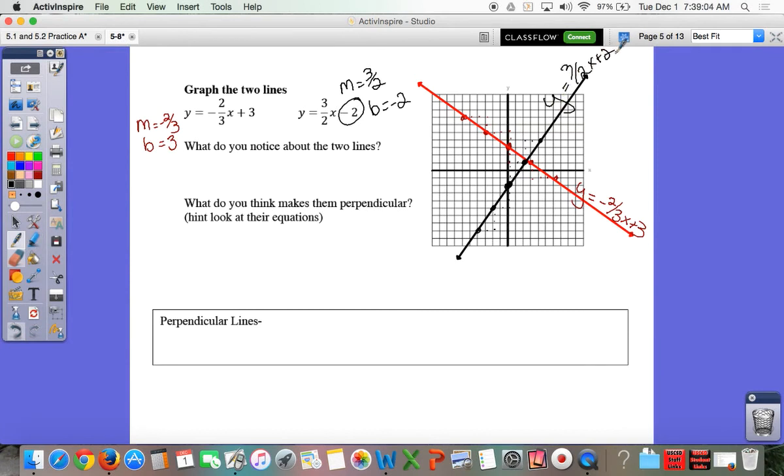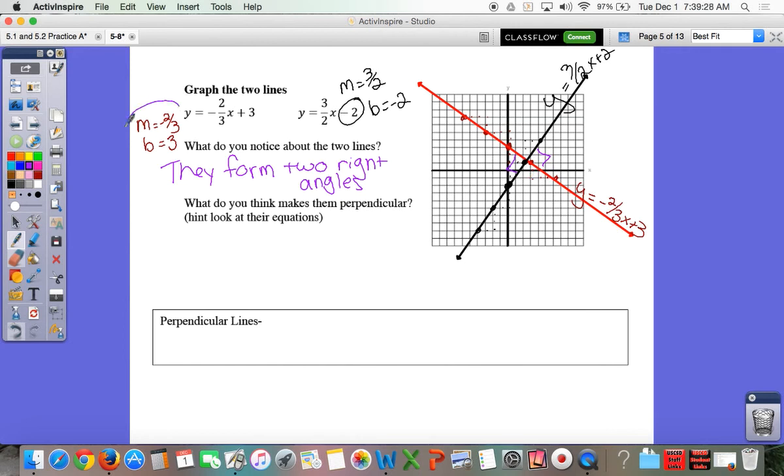What do you notice about the two lines? They form two right angles. Right here and right here. So that's perpendicular. What makes them perpendicular?